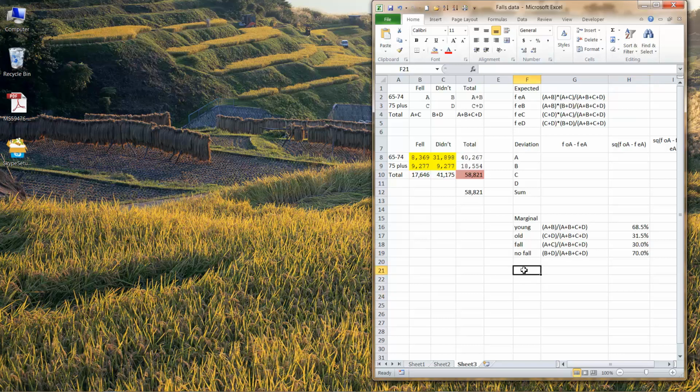What about conditional probabilities? Well, the probability of a fall given young, A over A plus B. So the probability of a fall given young is the fall for the young divided by total number of young.